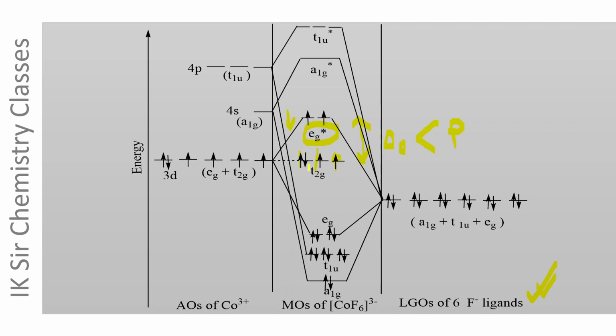If the fourth electron is paired here, the amount of energy required will be greater than the energy required to promote the electron to eg star MO. Therefore, first electron, second electron, third electron, fourth electron will go here in the eg star MO.